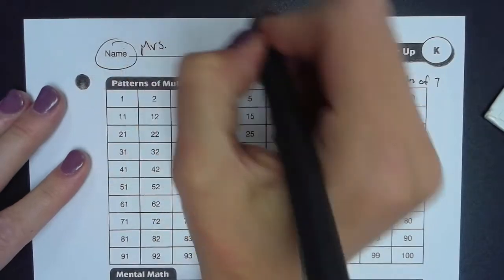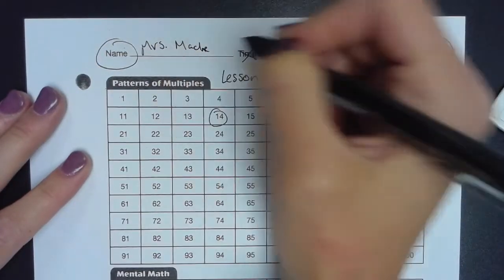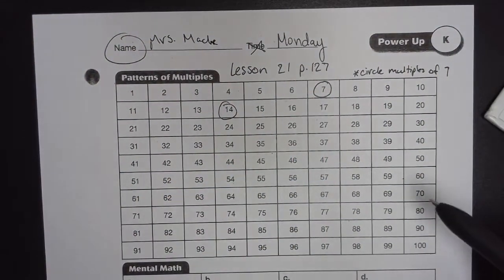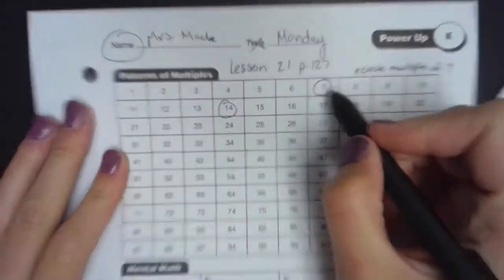As we correct it, make sure that you got your name on the top. Multiples of 7, I always like to think of how many days are in a week. When I think about that, that helps me to count by sevens. Now, you could also count 1, 2, 3, 4, 5, 6, 7.